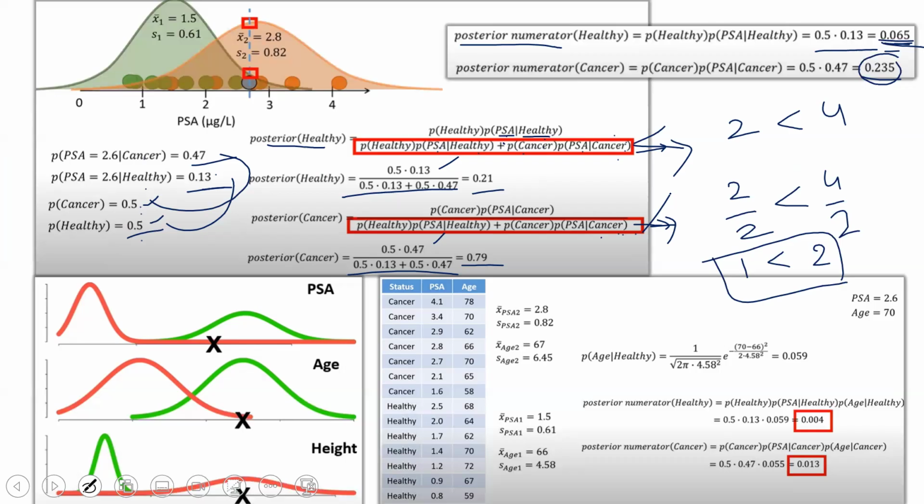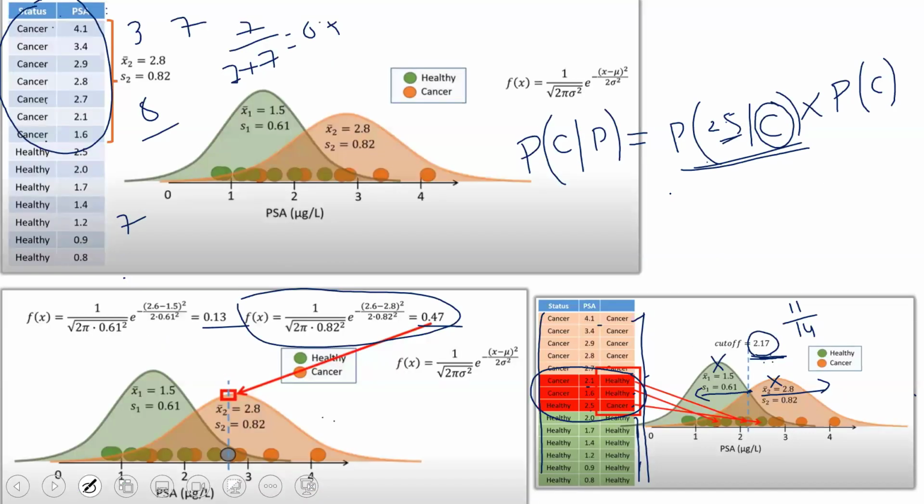In naive Bayes, what we have done, we have calculated the mean and standard deviation of every class for the given dimension, which is PSA. For every class, we calculated the mean and standard deviation, and we plotted the graphs, and then using the probability density functions we got the likelihoods from these formulas.